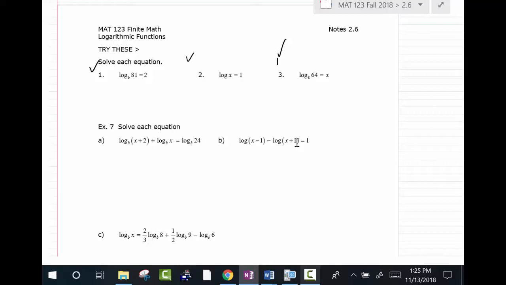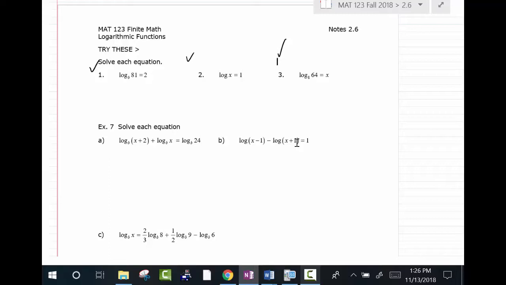Okay, that's good. Yep, that's good. 10 is the answer to that. You're good. You got everything. Okay, 9 is good. That one, 8 to the x is 64, and just see if you can figure x in your head. I tried to design all these problems so you can do them in your head.